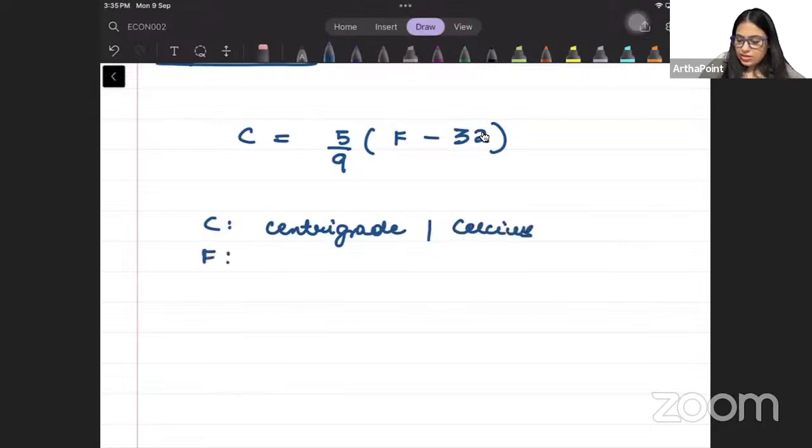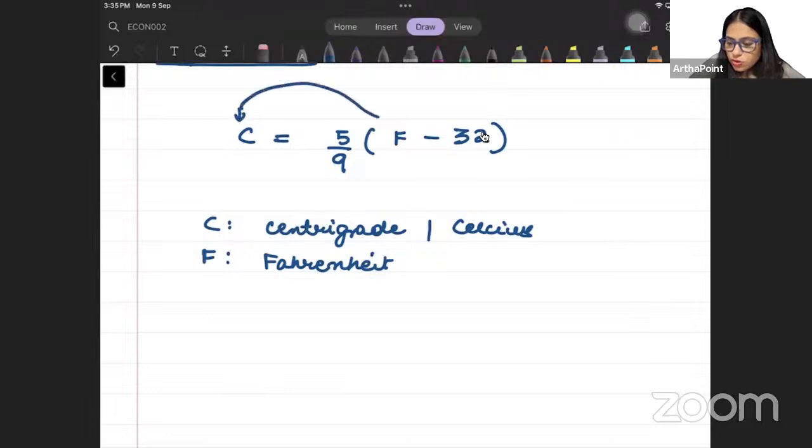F क्या है? टेम्परेचर इन फ़ारेनहाइट. तो अब ये क्या आएगा? इट विल बी डिपेंडेंट ऑन व्हाट वैल्यू आई एम पुटिंग हियर. मैं यहाँ पे फ़ारेनहाइट में क्या वैल्यू प्लग कर रही हूं, उस पर डिपेंड करेगा कि सेल्सियस में क्या वैल्यू आएगा. सो सेल्सियस टेम्परेचर is a function of the Fahrenheit temperature. वो Fahrenheit के temperature पे dependent है. It is dependent on Fahrenheit.